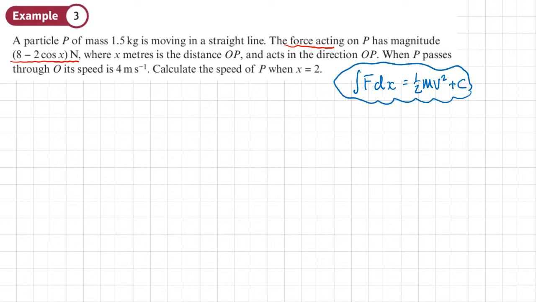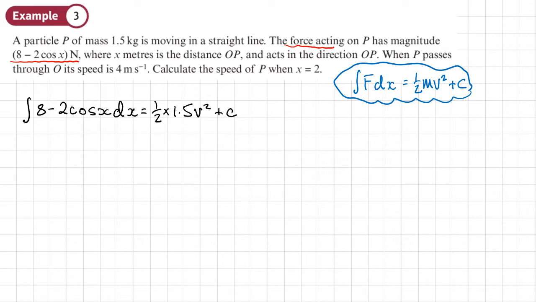So let's start. We will have the integral of 8 minus 2 cos x dx is equal to half m, m is 1.5, v squared plus c.